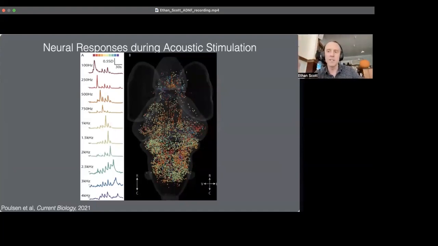But she did find brain regions that specialized in responding to low frequencies or intermediate frequencies or high frequencies. Again, you can go back to the types of naturalistic stimuli these animals might be experiencing and try to make inferences about the relationships between the natures of those stimuli, the responses in the brain, and the adaptive behaviors the larva would have in response to those stimuli.